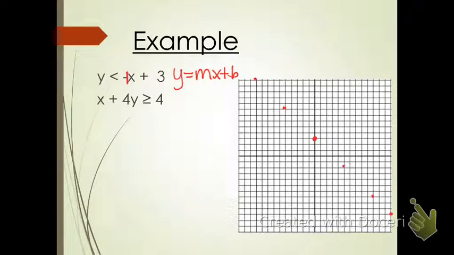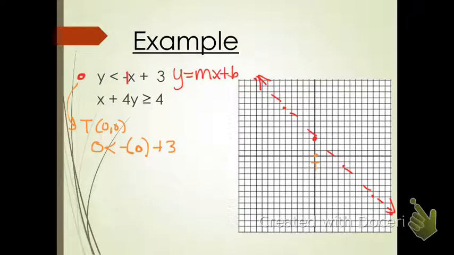Now our inequality is a strictly less than sign, which means that when we go to connect those points, we're going to be using a dashed line. Remember, we like to use (0, 0) as a test point if we can. So we're going to go back to our first equation and plug in (0, 0), which means putting in a 0 for y and a 0 for x.